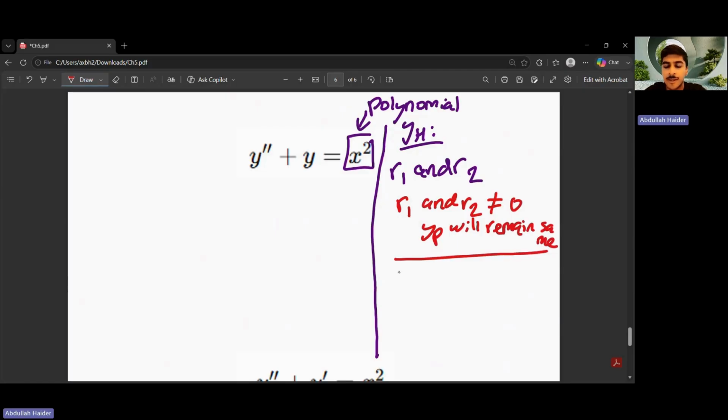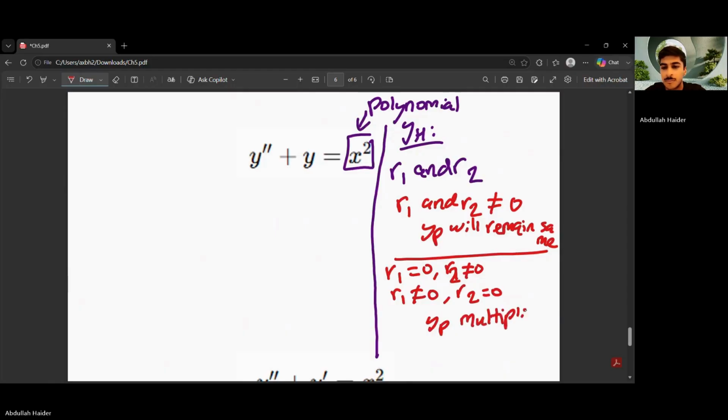If either one of them, if R1 is equal to 0 and R2 not equal to 0, or if you have R1 not equal to 0 and R2 is 0, basically one of them is 0, your yp will be multiplied by x.